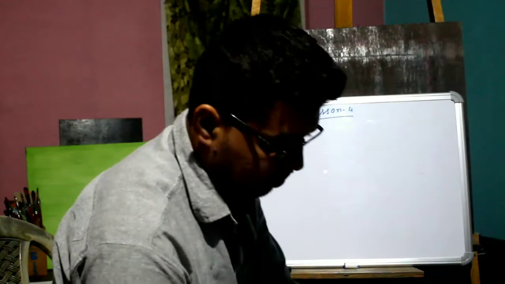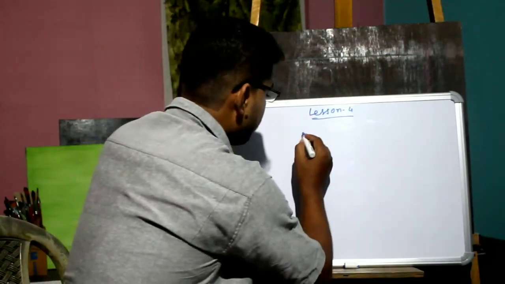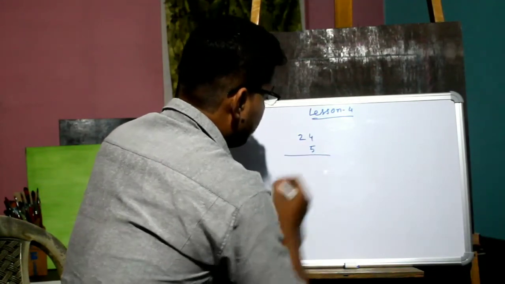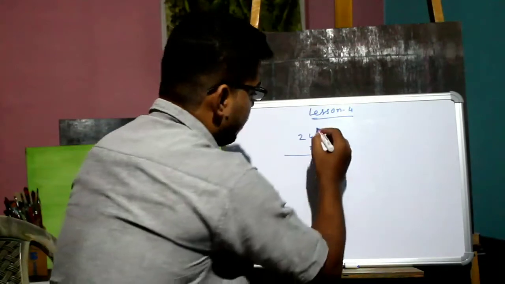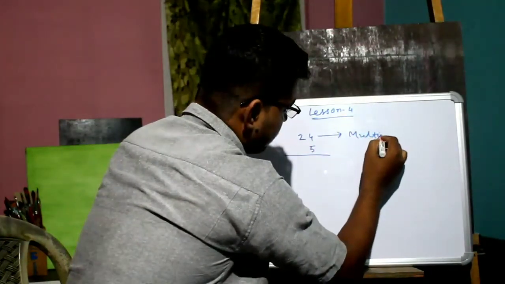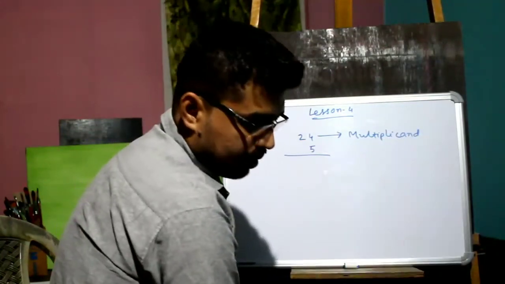See page number 30. If we multiply any number, suppose 24 into 5, then this will be called the multiplicand.